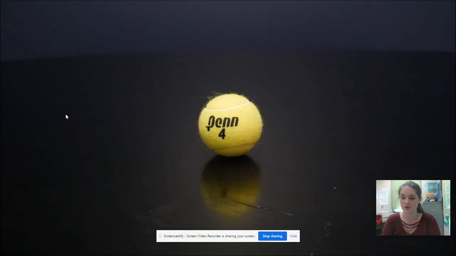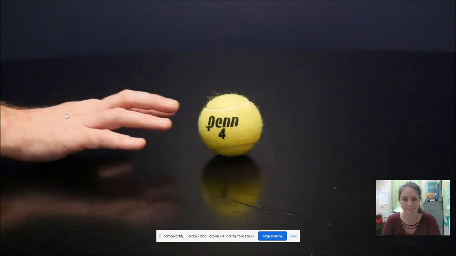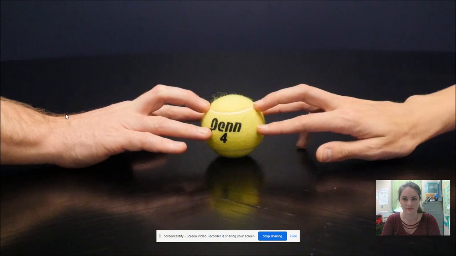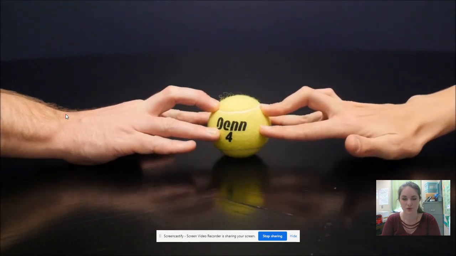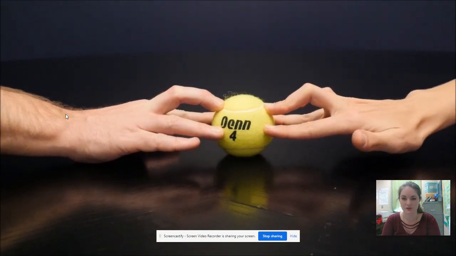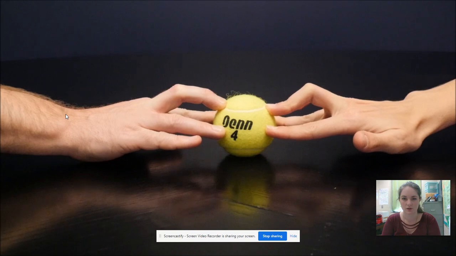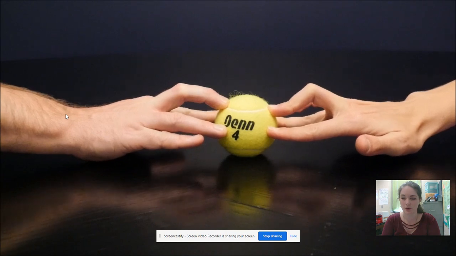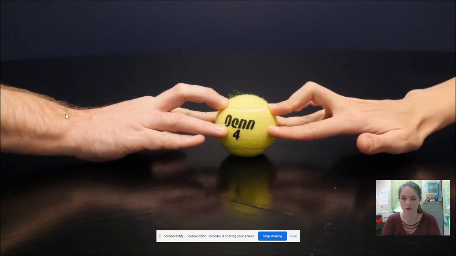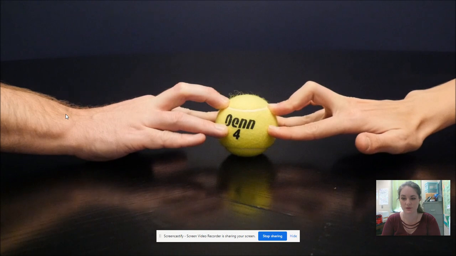So make observations on the ball. The ball is currently at rest, and it will stay at rest. So we have two people applying a force. Does the ball roll? Why doesn't the ball roll?